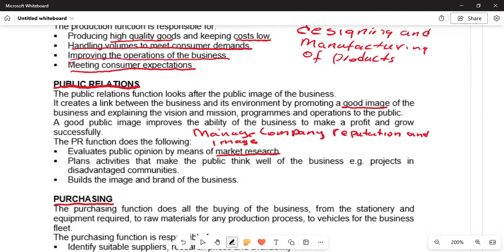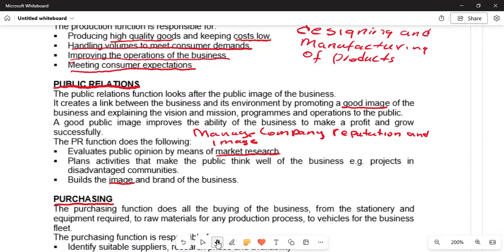They can invest into the community where their business is established. They can give back to the community by coming up with projects to help the community grow and improve. That will give them the good image that we are talking about. It builds the image and brand of the business. That is true.